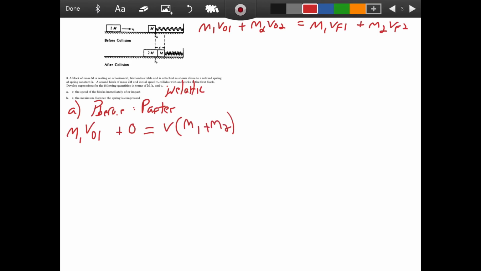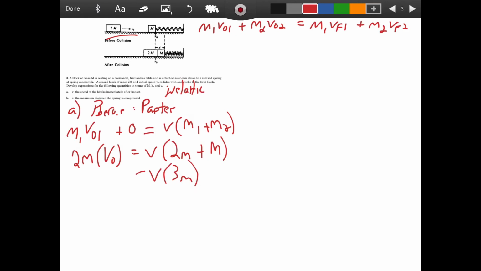So now let me plug in specific values. We have 2m traveling at a speed of v naught equals the velocity we're looking for times the mass of 1, which is 2m, plus the mass of the block sitting here, which is just m. So we get v times 3m equals 2m v naught.